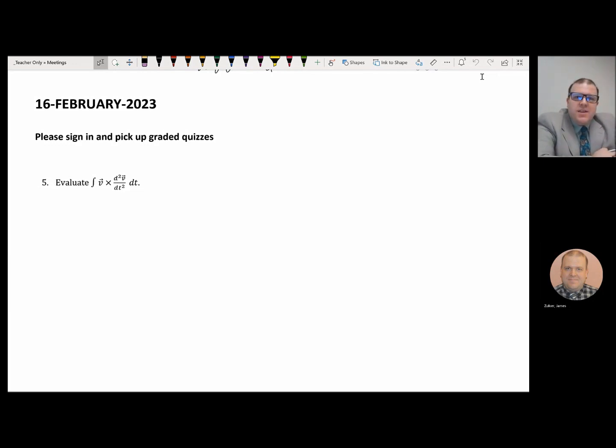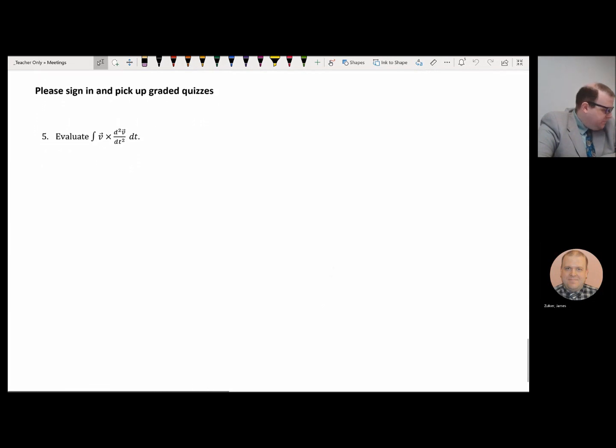We're going to evaluate this antiderivative, v cross the second derivative of v with respect to t. We're going to make an observation first.